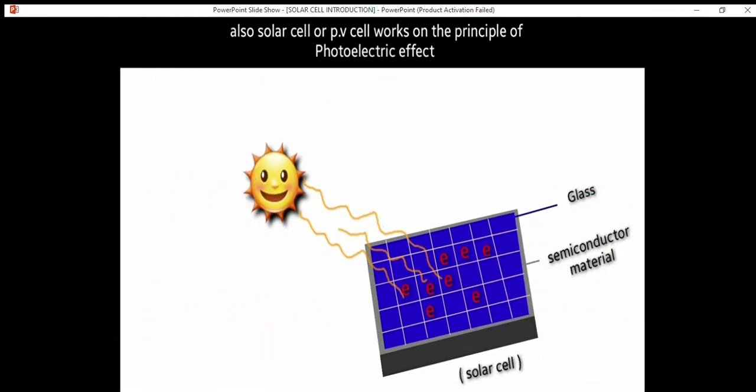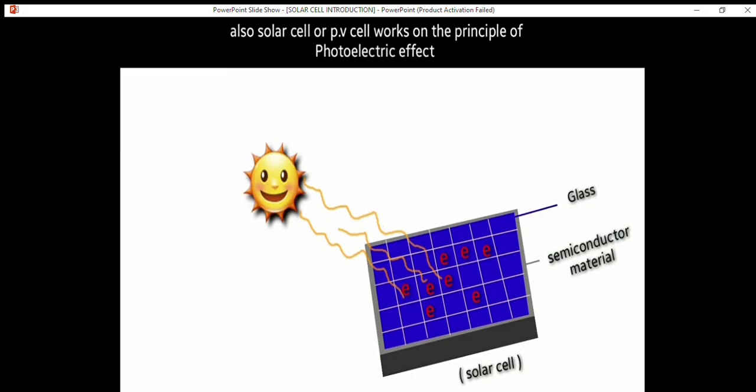Moving next, solar cell or PV cell works on the principle of photoelectric effect. So here I am going to tell you about the intensity of light, that what is the effect of intensity of light.